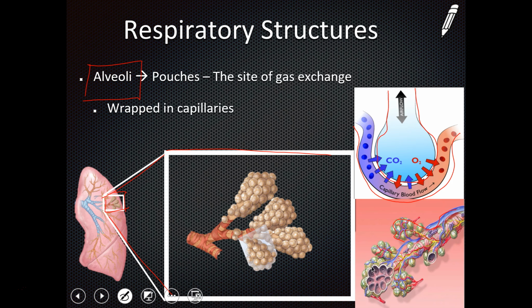There's a high concentration of carbon dioxide in the blood starting off, and that's going to diffuse outward into the alveoli. There's a high concentration of oxygen in the alveoli, and that's going to diffuse towards a low concentration, which is in your blood. So this is where we get our gas exchange, okay? It's in the alveoli.